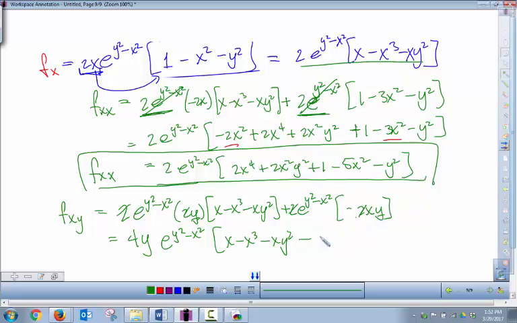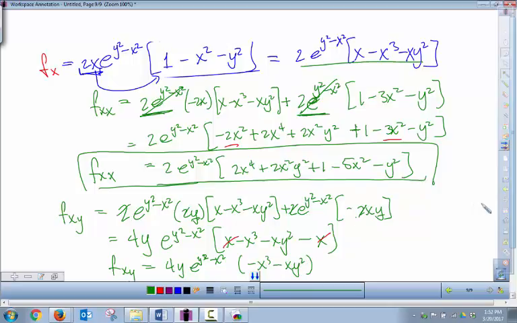The y's gone, but there's still an x in there. Looks like the x might cancel. So fxy equals 4y e to the y squared minus x squared power, and then negative x cubed minus xy squared.